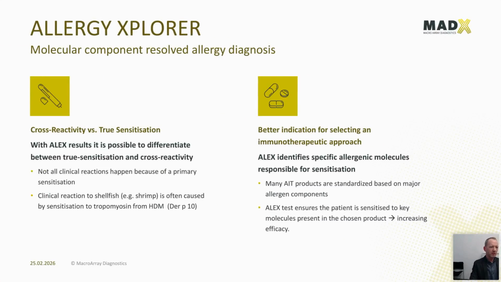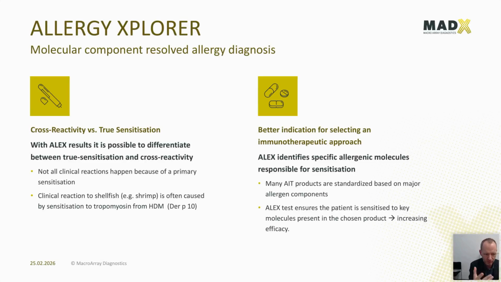The ALEX test also gives the physician the opportunity to differentiate between true sensitization and cross-reactivity. Not all clinical reactions are due to primary sensitization, and cross-reactivity plays quite an important role here. You might have a clinical reaction to shellfish, which in quite a few cases is not due to primary sensitization to the shellfish itself, but rather to sensitization to tropomyosin, which is found in house dust mites and leads to cross-reactivity to shellfish.